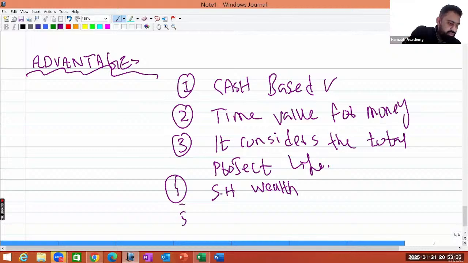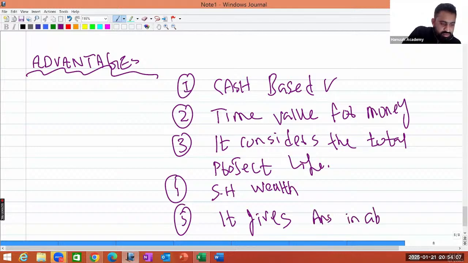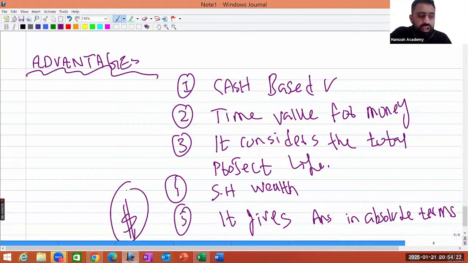And number 5, it gives the answer in absolute terms. It does not give the answer in terms of percentages. It gives us the answer in terms of dollars. It considers the size of the project. So these are the advantages of the NPV.